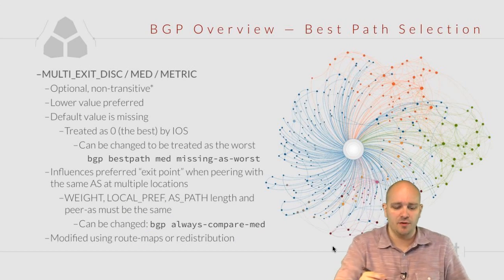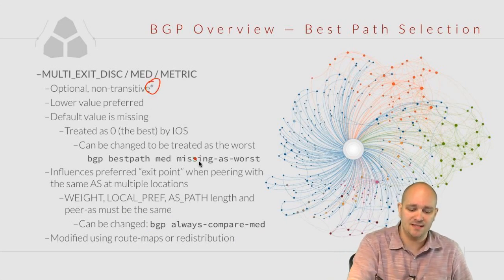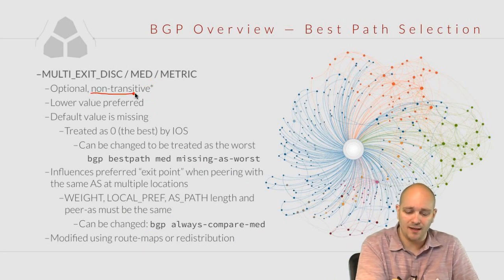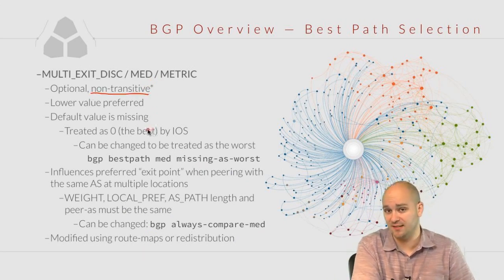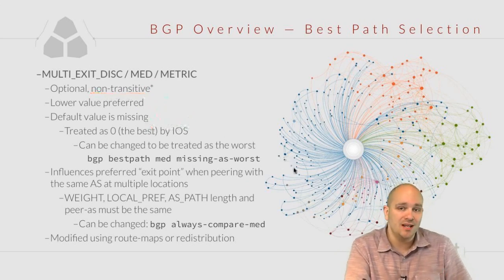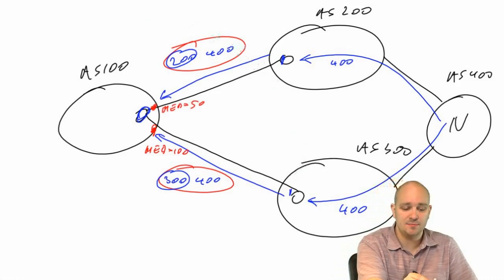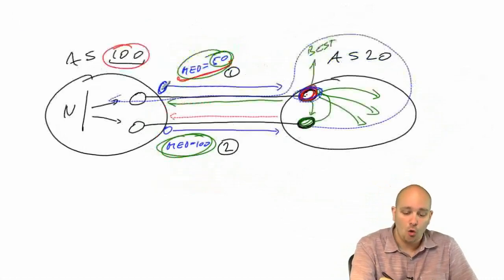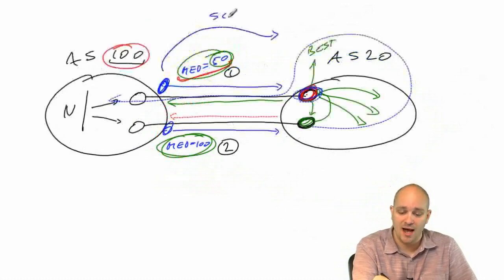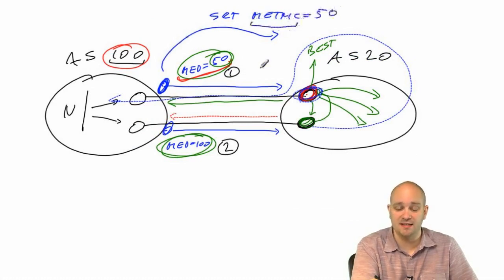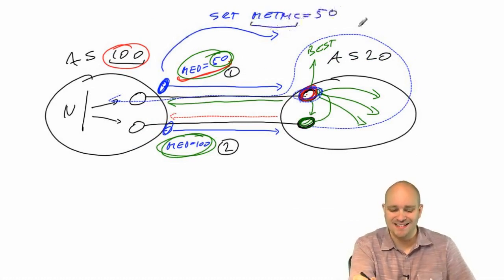But there is one very important thing about MED, and this is about this star here. We know that MED is an optional non-transitive attribute, which means that it shouldn't really be able to leave our autonomous system. However, in the previous example, on this peering session in the outbound direction, I have configured set metric 50. Set metric is the command in the route map that sets the MED.